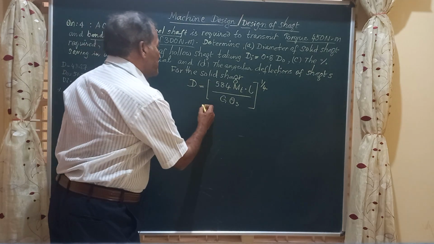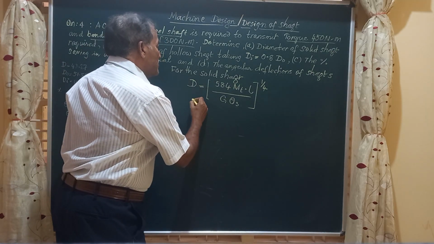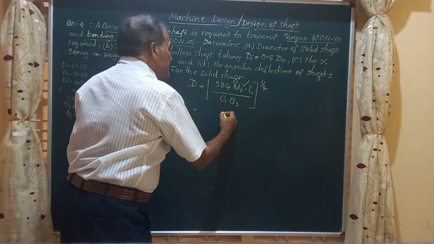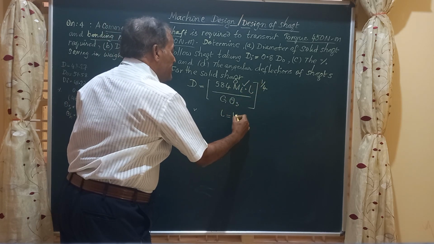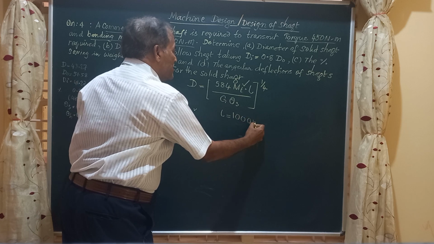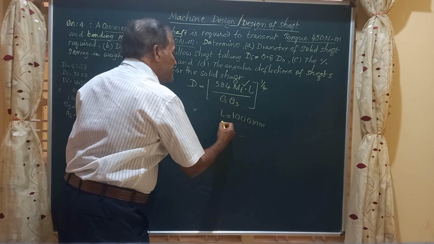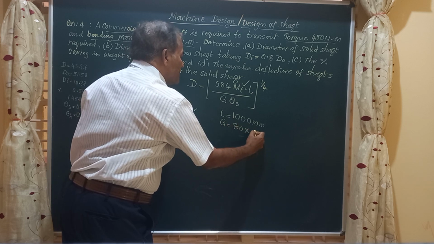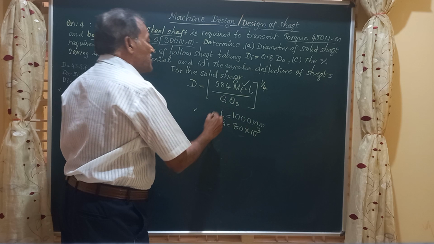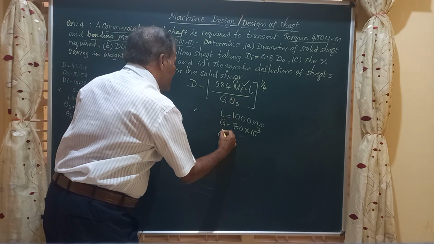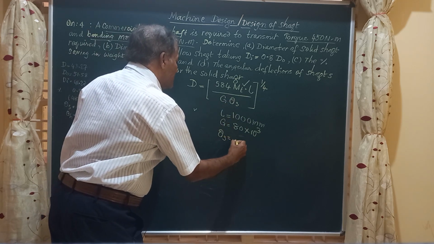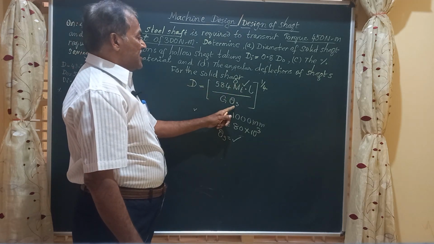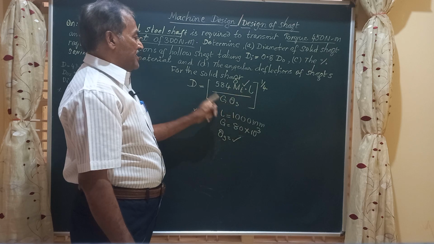Friends, here we know the value of D. M_t is known to us. Length we can take as 1 meter or 1000 mm. The value of G remains the same, so you can take it as 80 into 10 to the power of 3 N/mm² for steel, and then you will be able to find out theta_s. So in this expression, we know D, and theta_s can be found out because we know M_t, L and G.